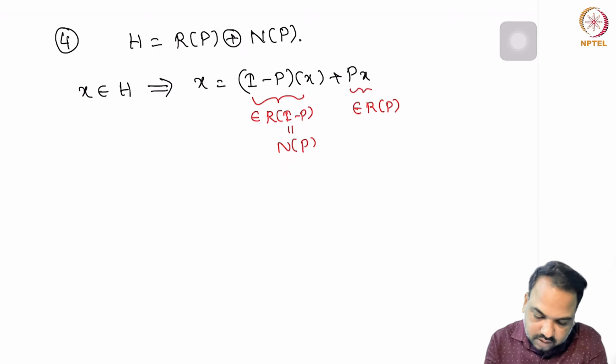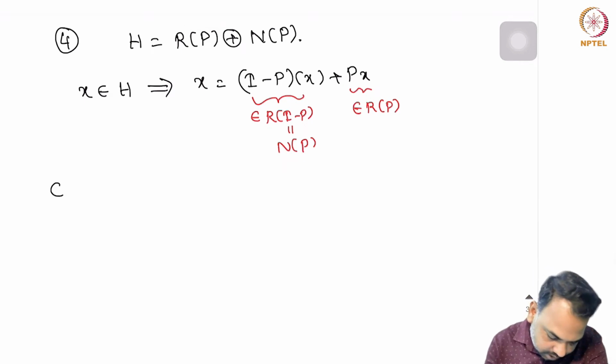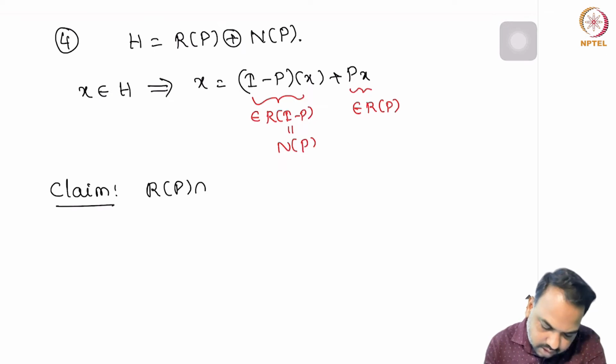Next we want to show that their intersection is 0. Claim: range of P intersection null space of P is 0.